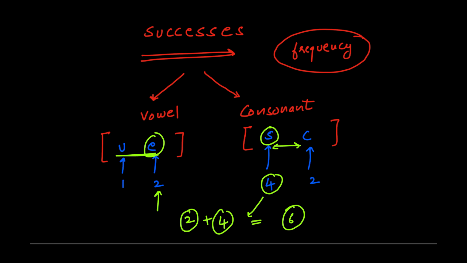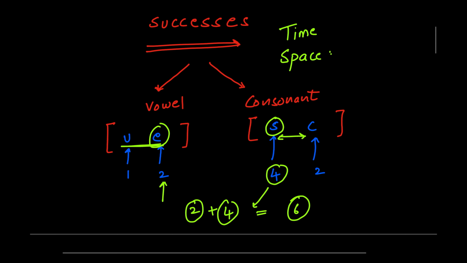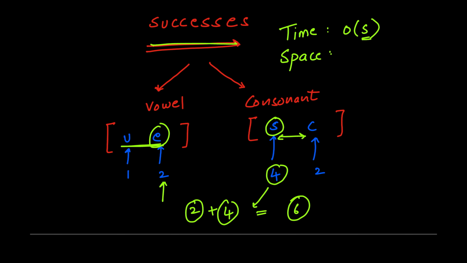As I had mentioned earlier, the problem statement is very easy and so is its solution. The time complexity of this solution is O of S, where S is the number of characters in the given string. This is because we need to iterate through the entire string at least once to identify the frequency of each of the characters before we can find out the highest frequency for vowels and consonants.